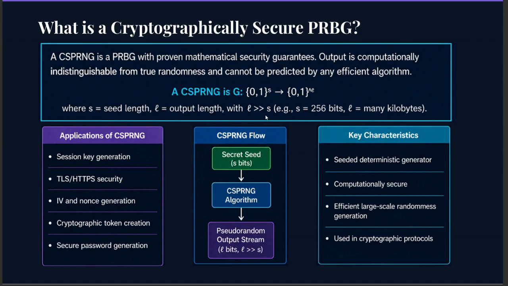Most importantly, l is much larger than s. That means a small secret seed generates a very large pseudo-random stream. For example, 256 random bits may generate megabits or gigabits of secure output. This property is called expansion.